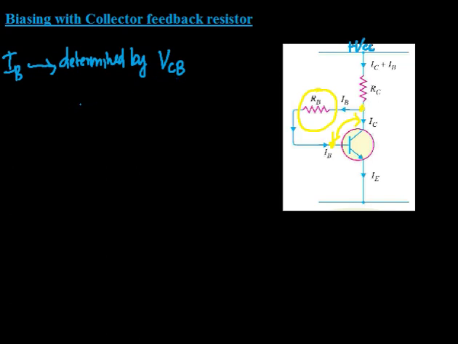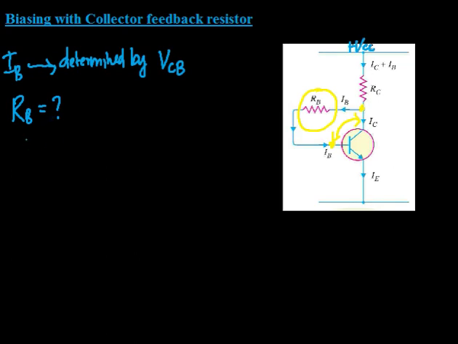So now let's analyze the circuit. Here also we have a single resistor to introduce the transistor biasing. We want to determine the value of RB that should be connected in the circuit to provide a desired value of the collector current.